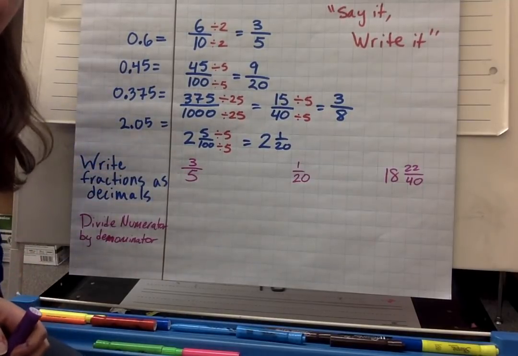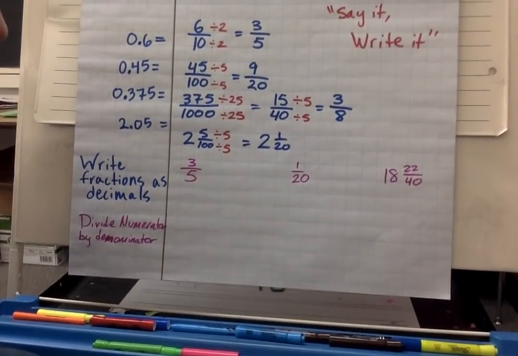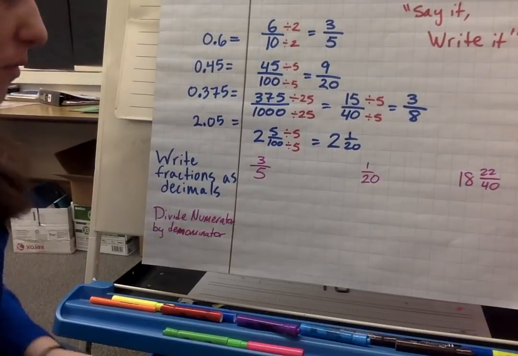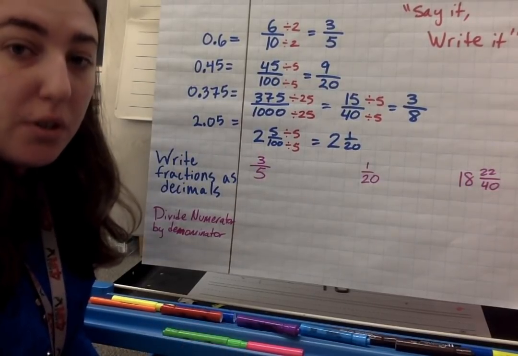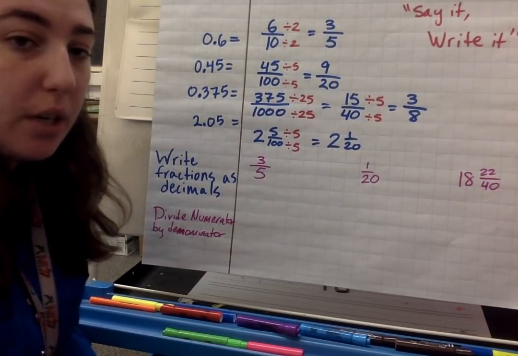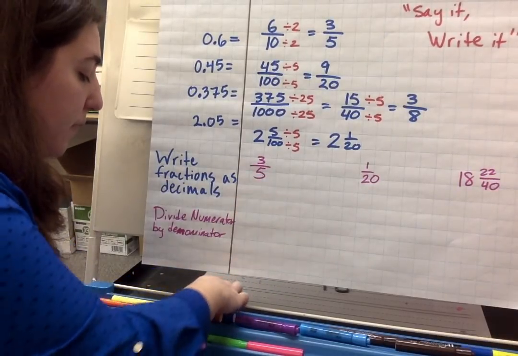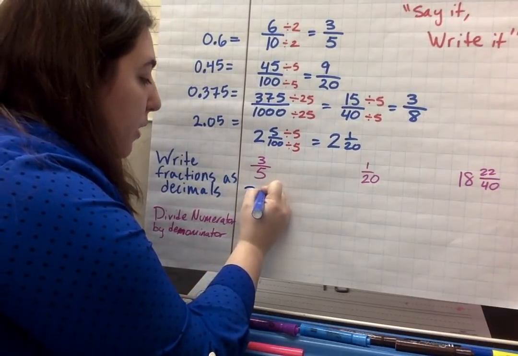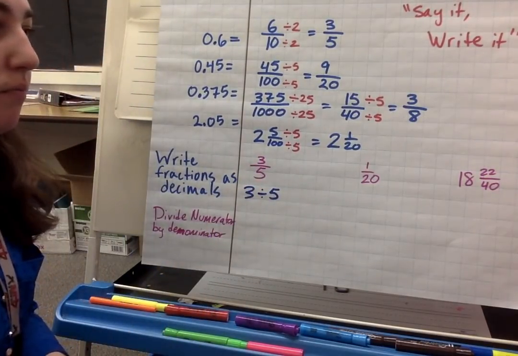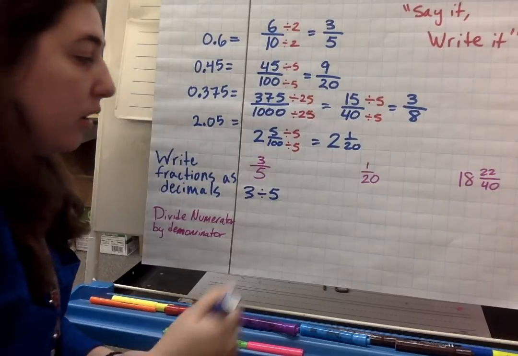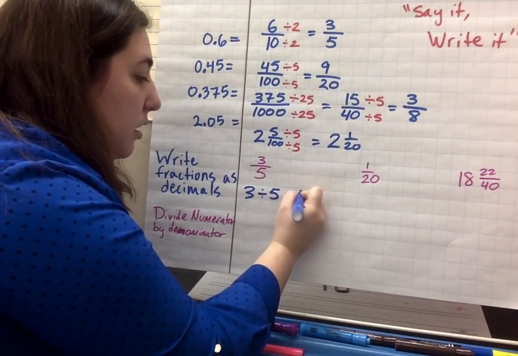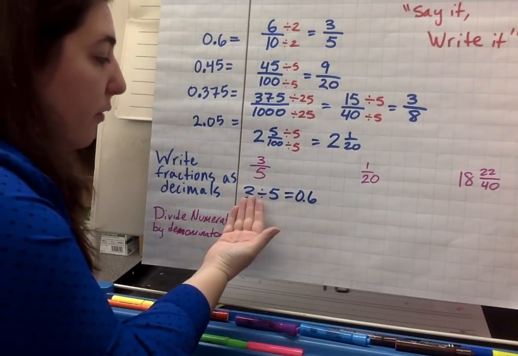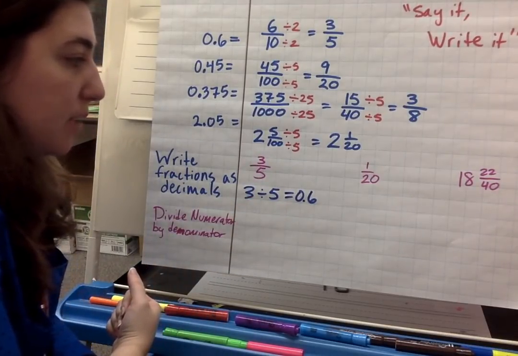And yes, you can use your calculator. When we're using our calculator, all we have to make sure to do to show our work is write down what we put in our calculator. So for 3/5, we're typing in 3 divided by 5. If you type that into your calculator, you're going to get 0.6. Okay, so that's how you write a fraction as a decimal.